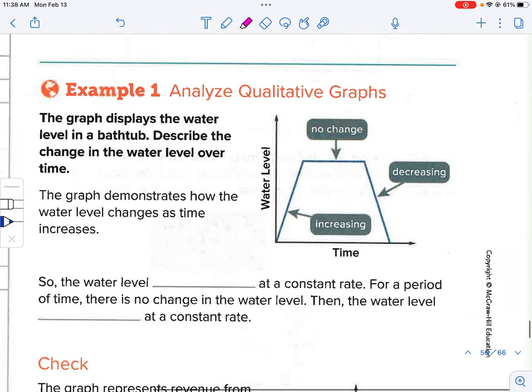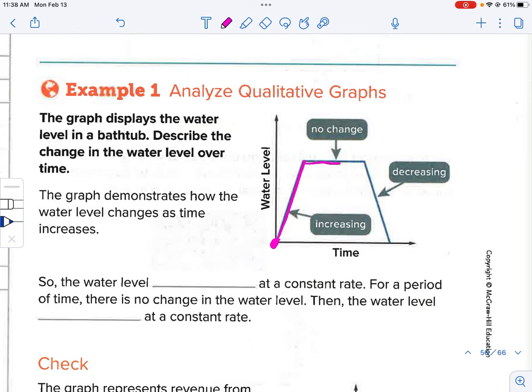Okay, so let's look at this. It says the graph displays the water level in a bathtub. Describe the change in the water level over time. Says the graph demonstrates how the water level changes as time increases. Okay, so let's look at this. Oh, I didn't have any water in my bathtub. I filled up my bathtub.